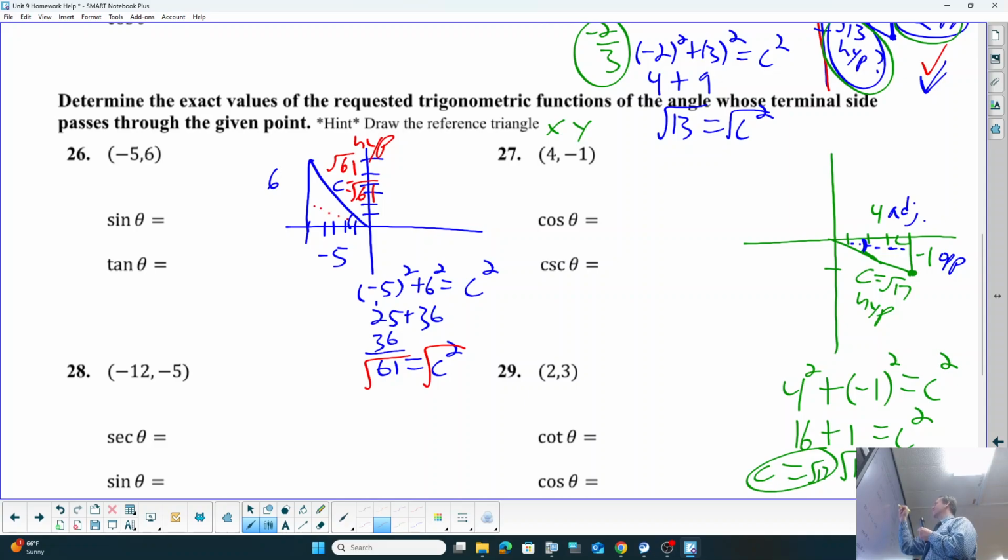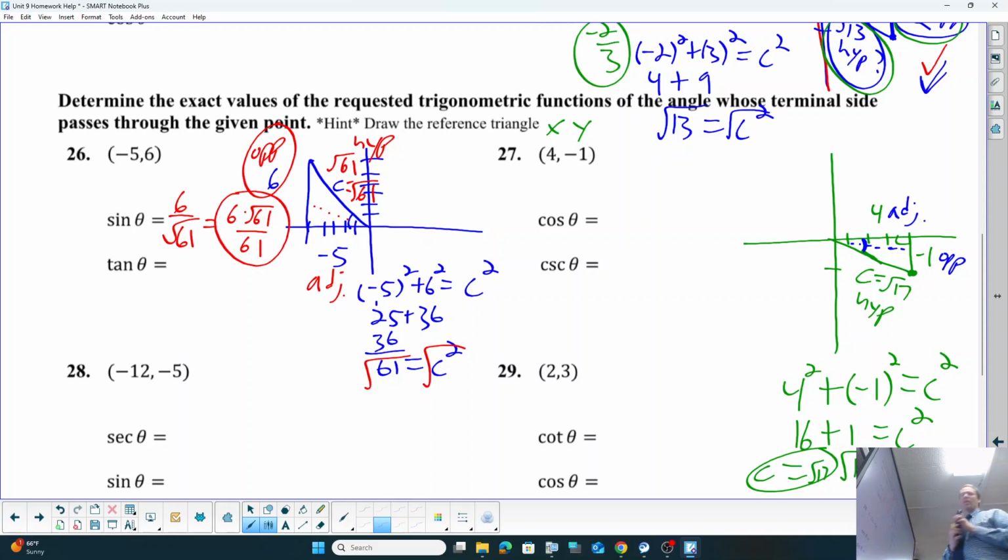From our angle, this is opposite, and this is adjacent. So what is sine? Sine is opposite over hypotenuse. And then we have to rationalize the denominator. Is that for 26? You know it is.